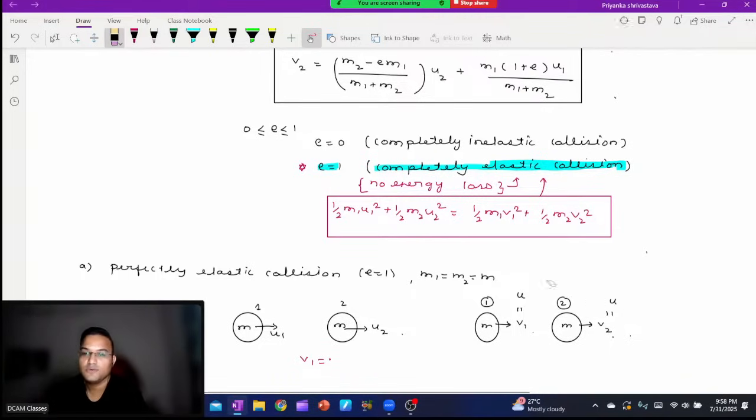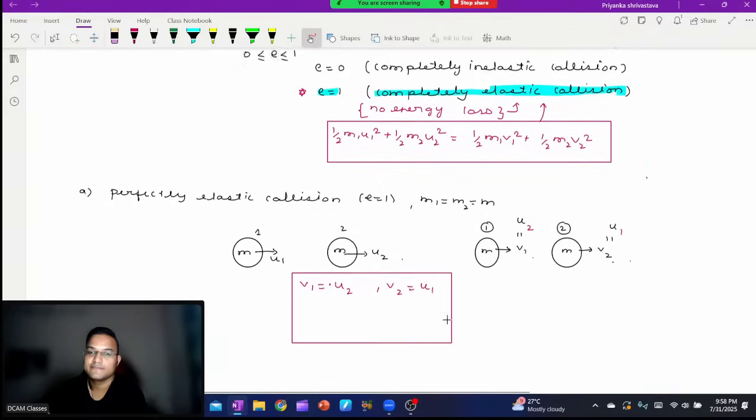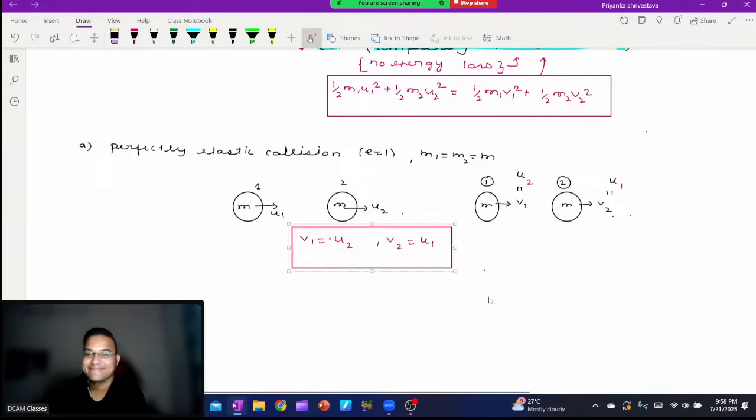V1 should be equal to U2 and V2 should be equal to U1. This is the interesting result. Velocities get interchanged, only when masses are equal.